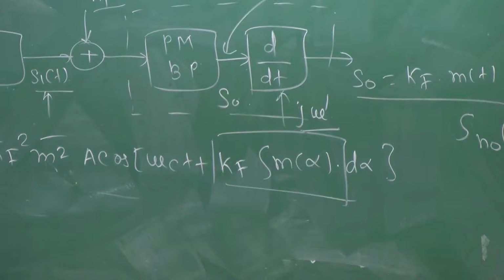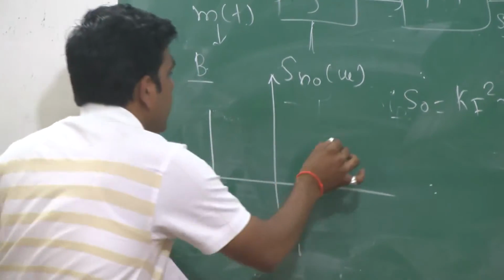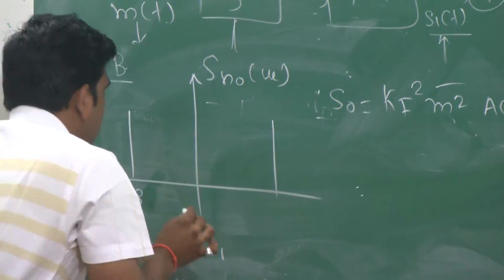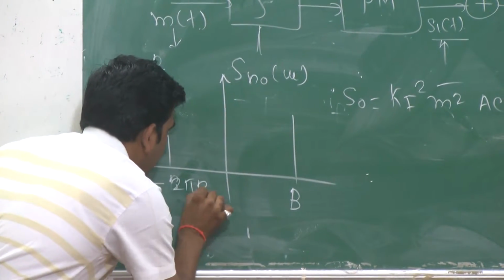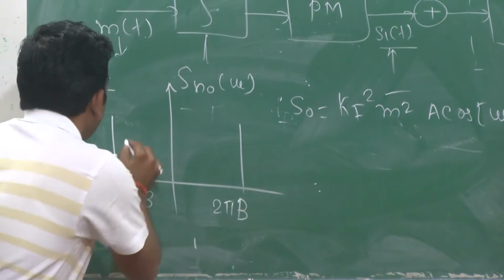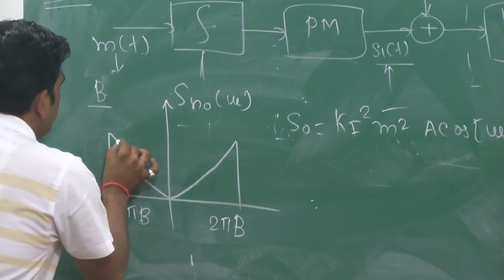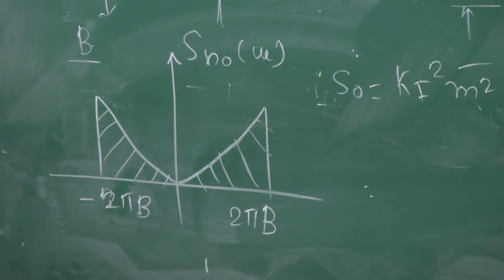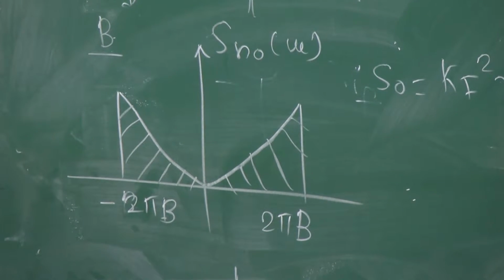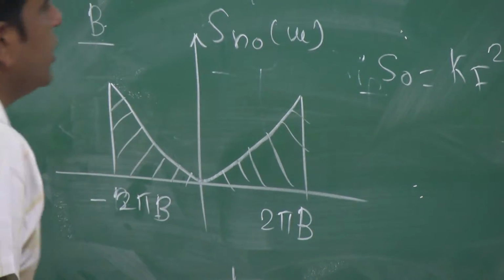So this S naught of omega, from minus B to B, that is 2 pi B, is the power spectral density of the noise which is filtered out from this phase modulation system.